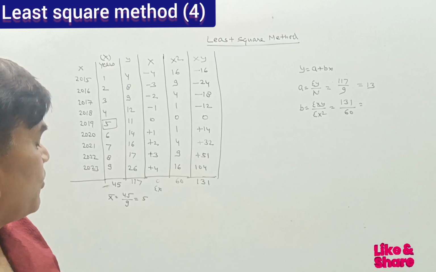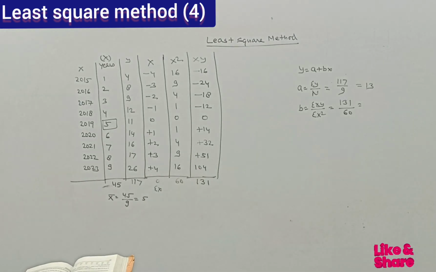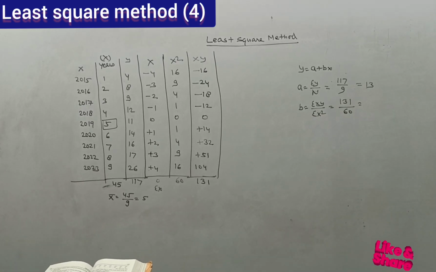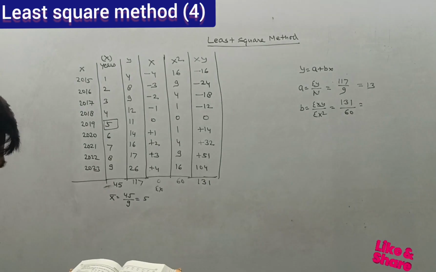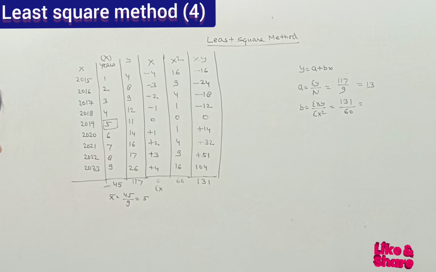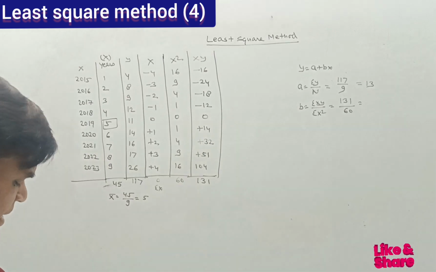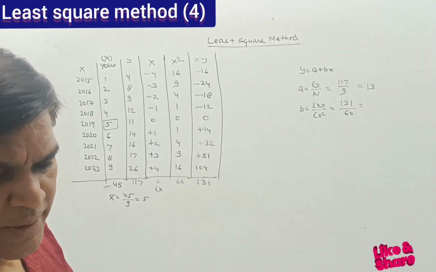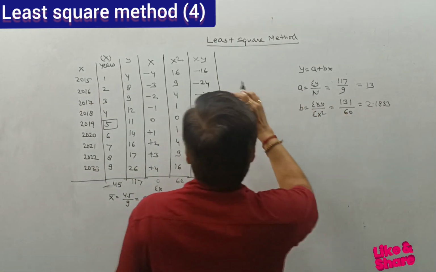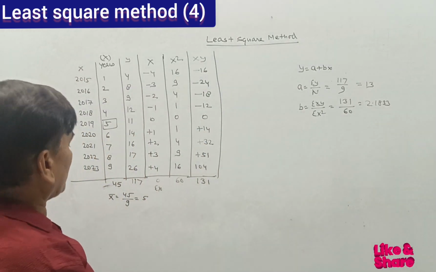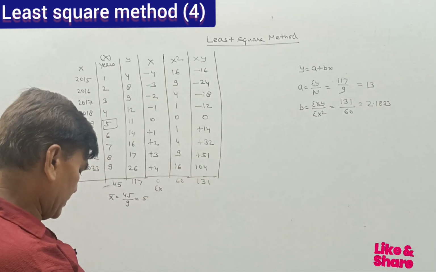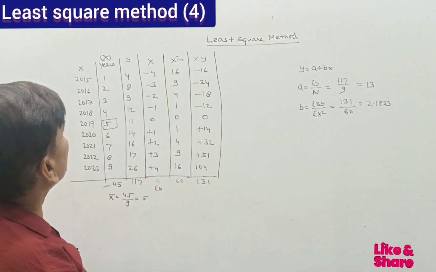The answer in the book is 11.896, so some difference may be there. So we should check first 2.1833. Firstly, we can check this. First one is minus 16. 8 times 3 is 24, minus value.